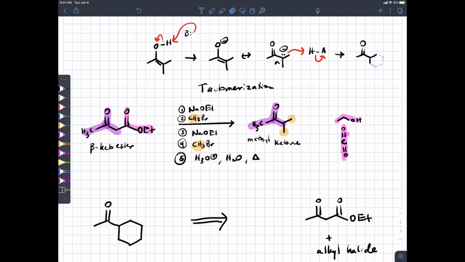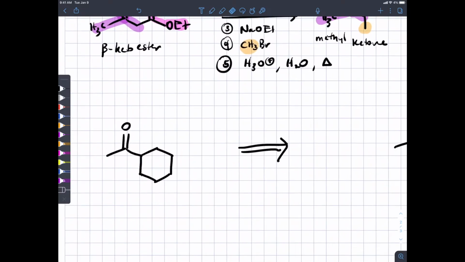In other words, are you able to put on the fire extinguishers and let things calm down to realize that this is simply an alpha-alpha disubstituted methyl ketone.